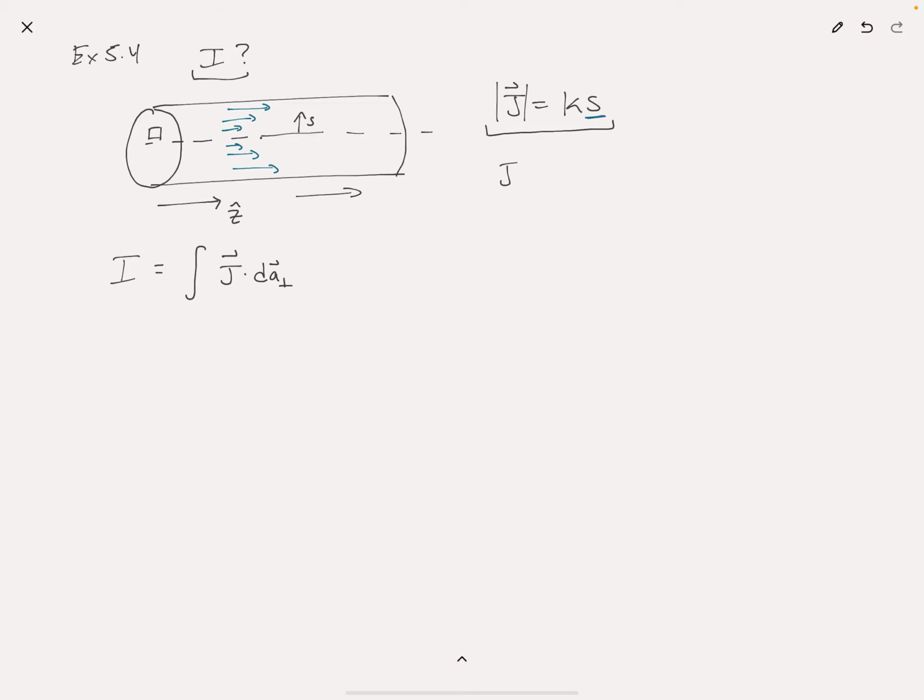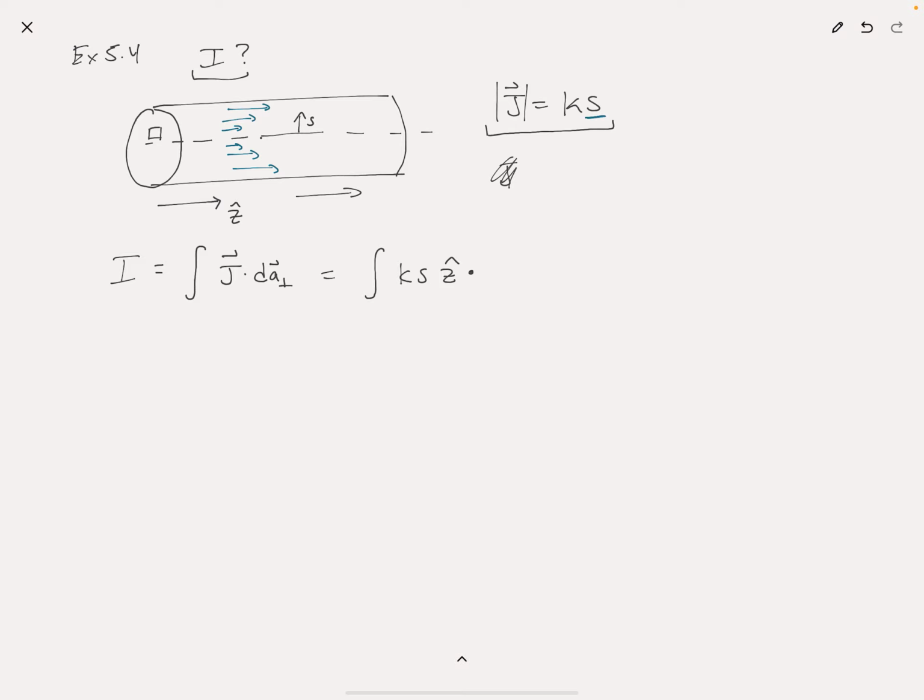This is the integral of K S in the z hat direction, dotted with some infinitesimal area element in cylindrical coordinates.